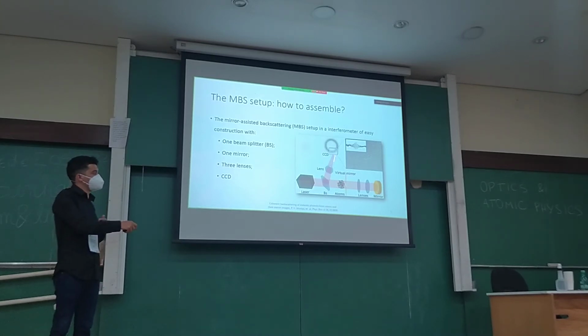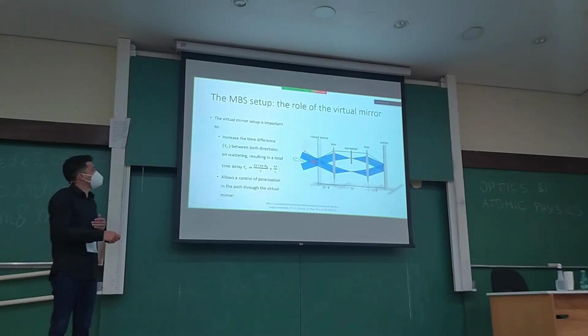The importance of this virtual mirror setup for our experiment is, first, that I don't need to put the mirror very close to my cloud, so I can put the mirror far away. I can actually create a big time difference between these two light beams, and this will produce a time delay to measure my G1 itself.